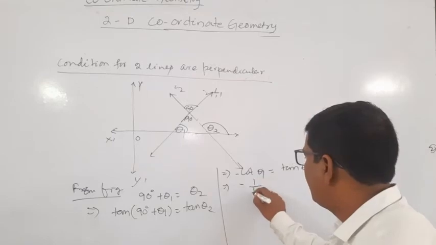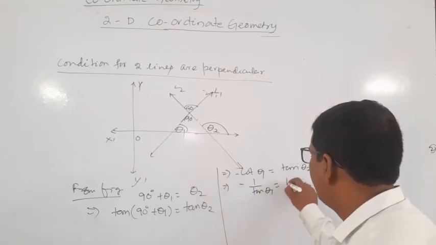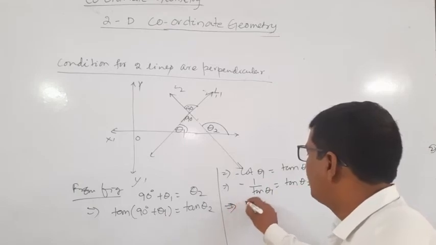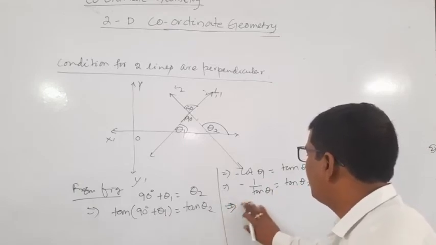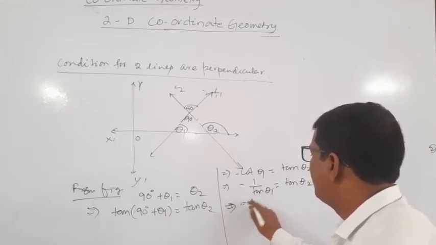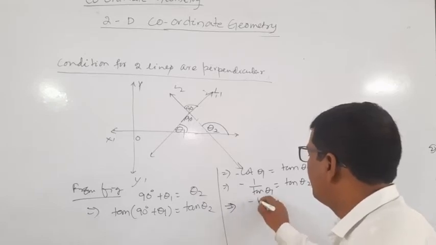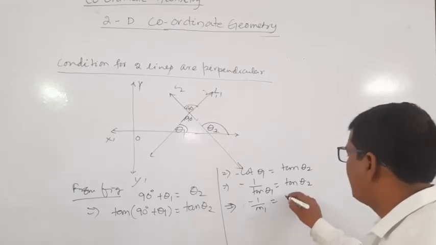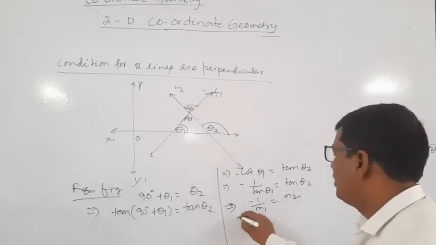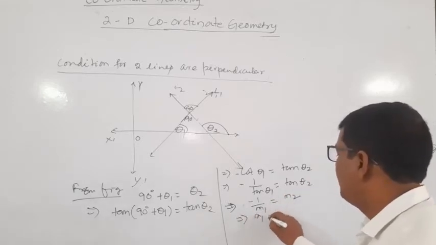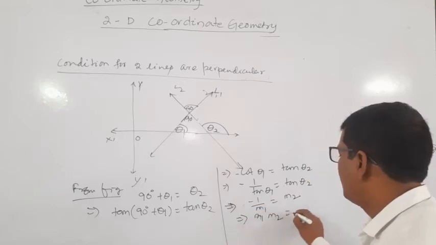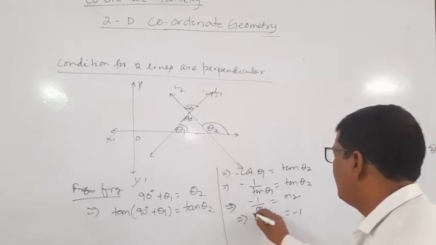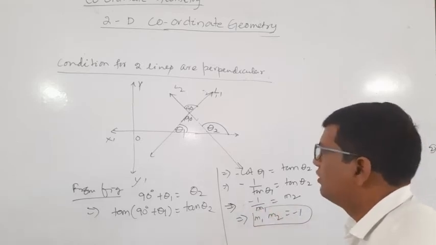That implies minus cot theta 1 is equal to tan theta 2. So minus 1 by tan theta 1 is equal to tan theta 2. Tan theta 1 means m1, so minus 1 by m1 is equal to m2. That implies m1 into m2 is equal to minus 1.